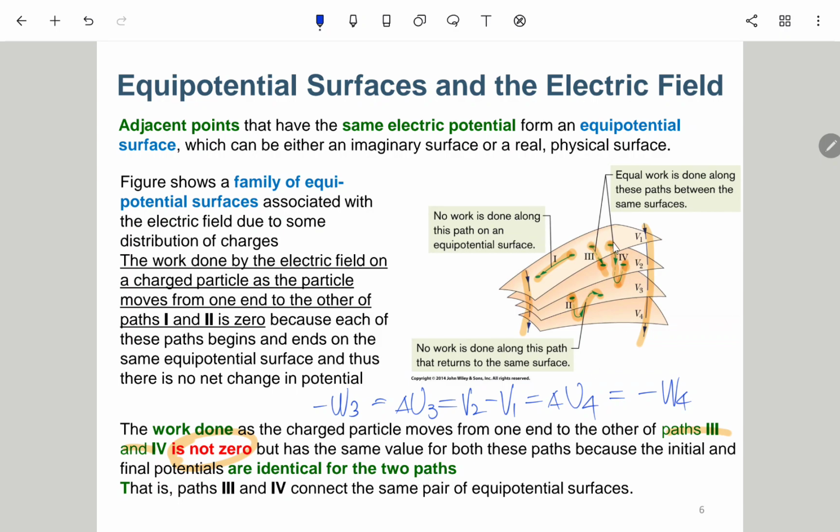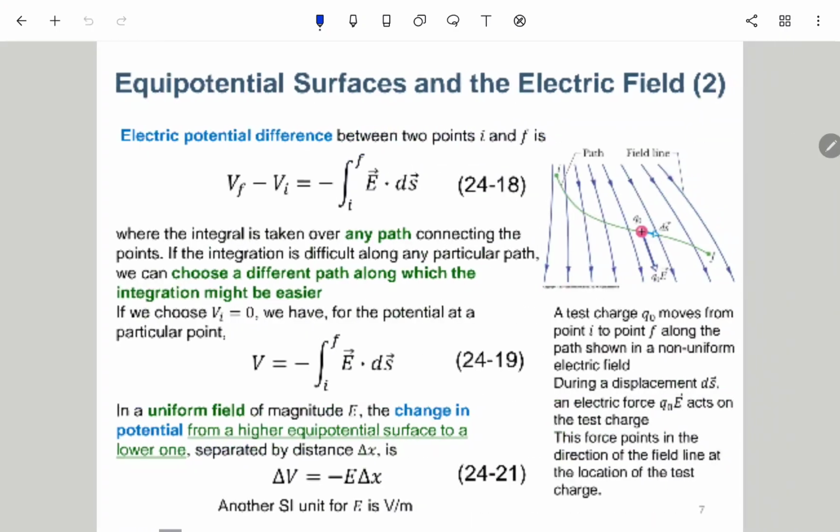Even though the paths differ, these two points are on the same equipotential surface, and these two points are on the same equipotential surface, so the potential difference will be the same. So this is a simple idea of the equipotential surface.